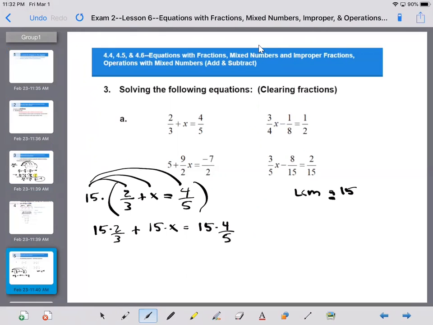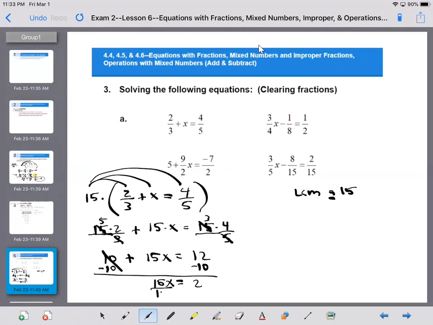So the way I wrote it now, you can kind of see that 3 will divide 15 5 times, so that would be 10. And this 5 will divide 15 3 times, so 3 times 4 would give me 12. So I'm going to subtract 10. So that'll be 15x is equal to 2. So divide both sides by 15. x is equal to 2 15ths.